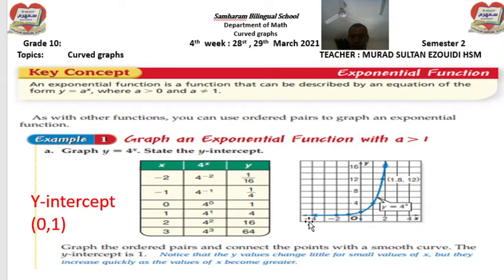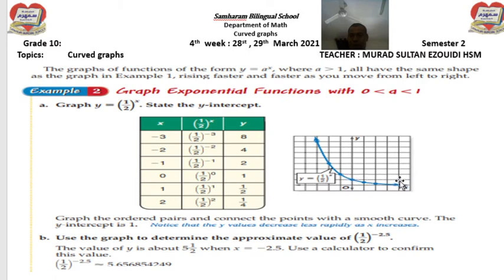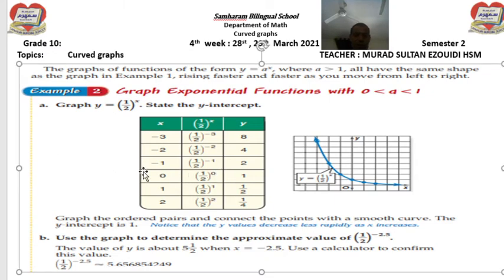This is like that, from left to right the curve is sloping upwards, but here the curve will be going upwards from right to left. But both equations should pass through the same point 0, 1, which is the y-intercept. This is 0, 1, the y-intercept.